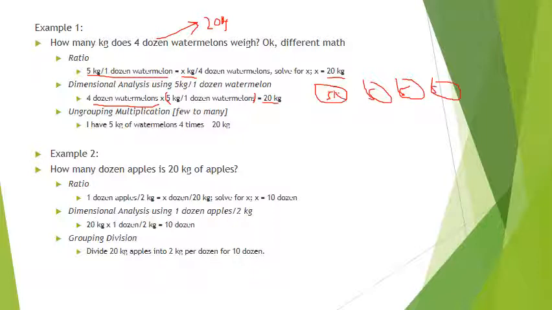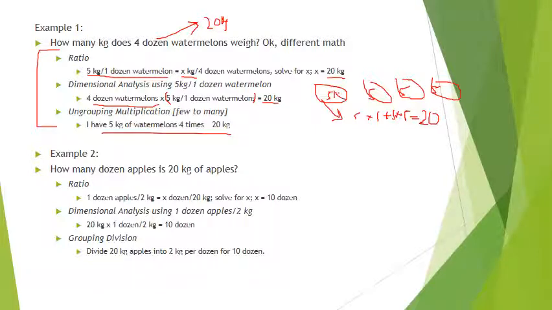You basically empty out, ungroup 5 kilograms from each one, and then you get 5 plus 5 plus 5 plus 5 equals 20, or 5 4 times. And they all give you the same answer. So make sure you look at these, okay?